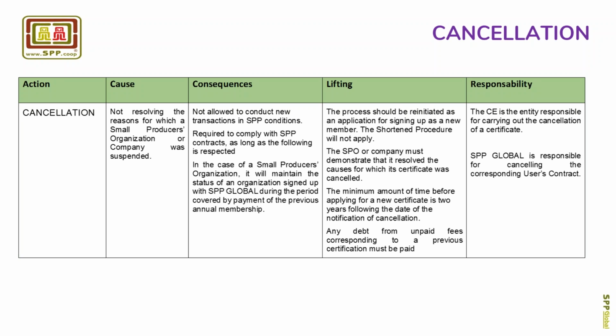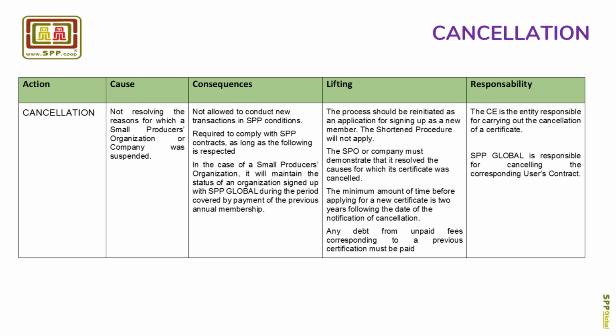But when you lose the certification, you just have to comply with the contracts. You cannot celebrate new contracts, and your certificate of registration is not updated. This is the consequence, the most important consequences.